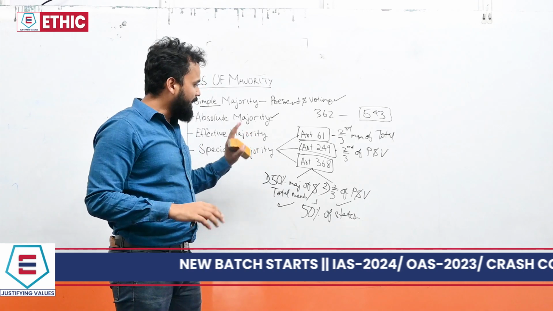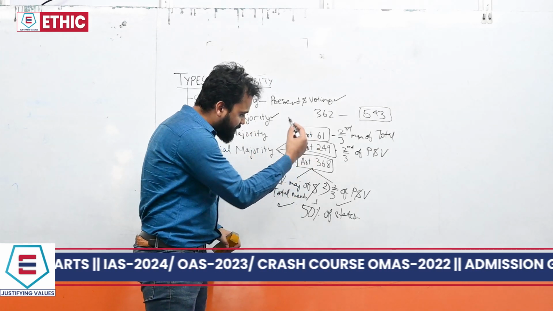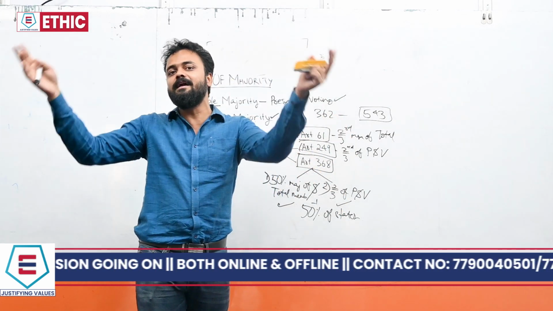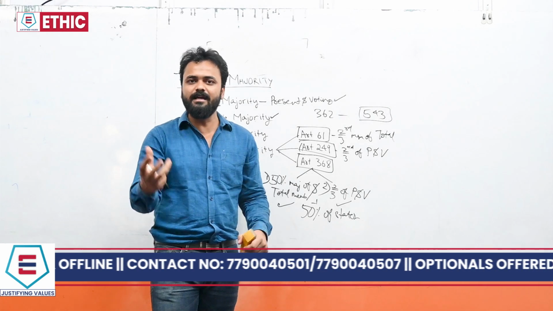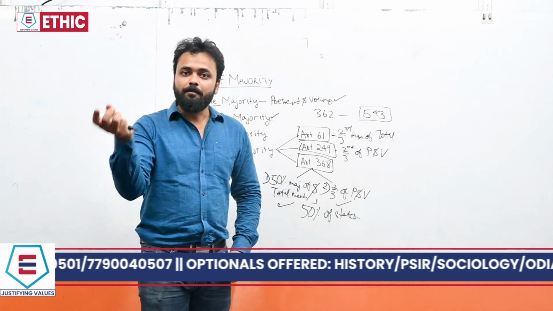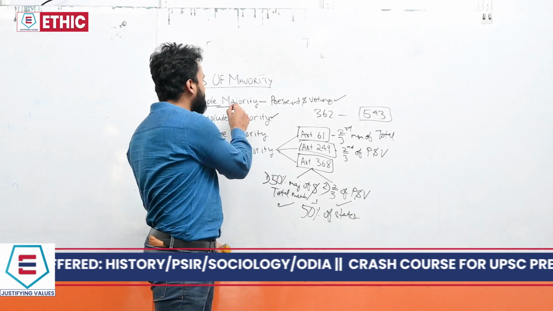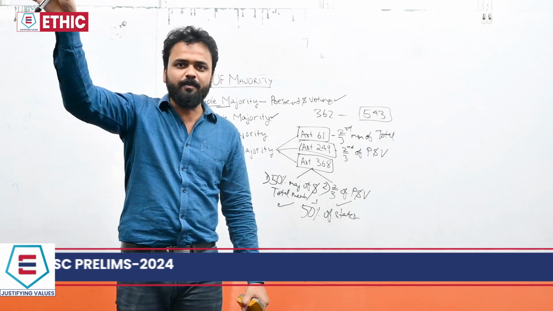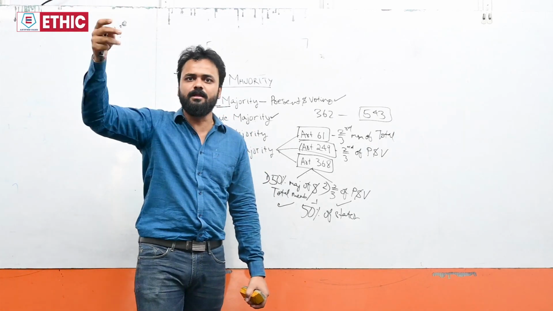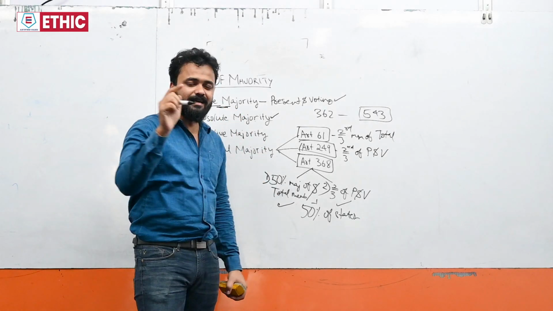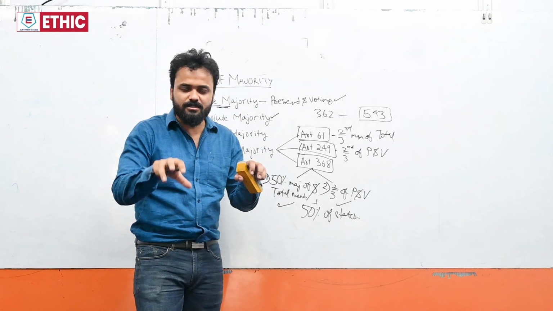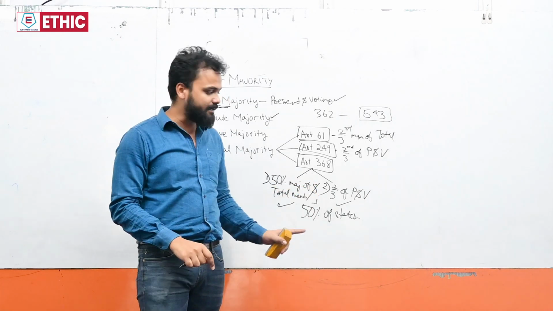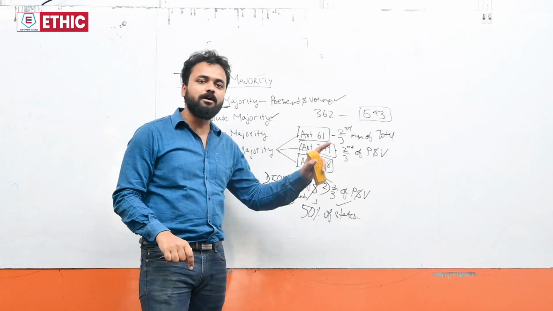That means in Article 368 you will pass it with 50% majority of total membership, 2/3 of present and voting, and along with that, suppose there are 28 states in the country, you need 15 states to pass that very bill via simple majority. That means in the state Vidhan Sabha or legislative assembly, you need not pass it by any kind of special majority or absolute majority. All that you need is simple majority in the states, but in the Parliament, that is Lok Sabha and Rajya Sabha, you have to pass it via Article 368, that is 50% of total membership and 2/3 of present and voting.